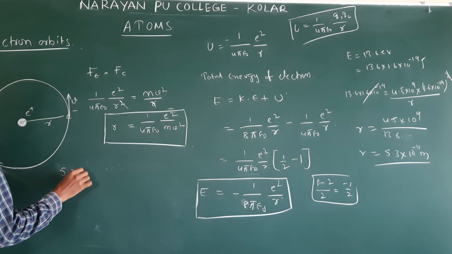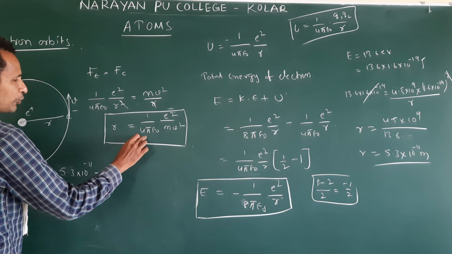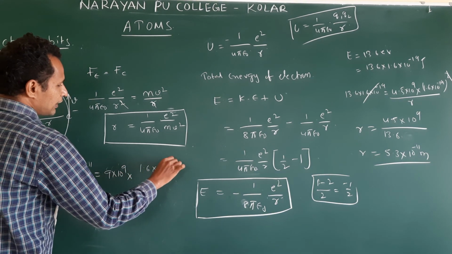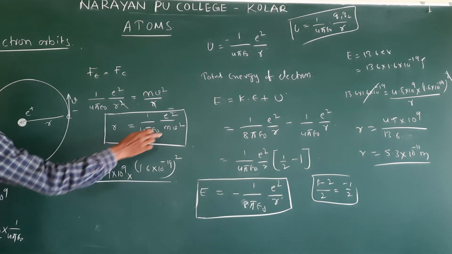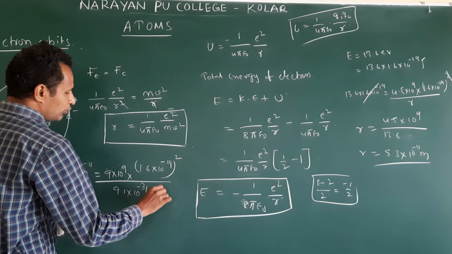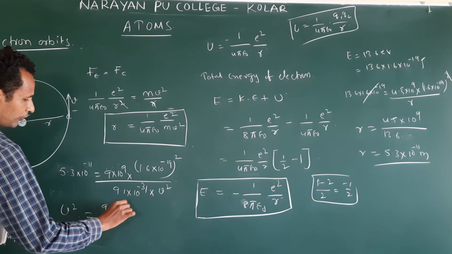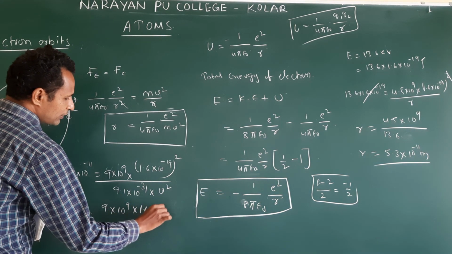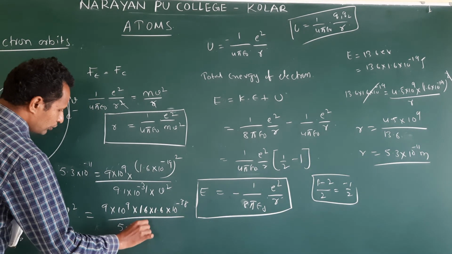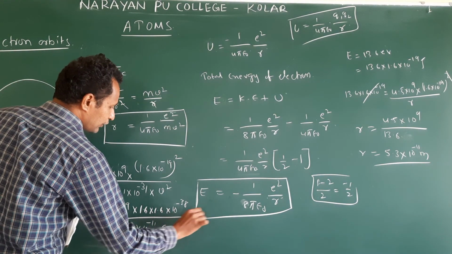So 5.3 into 10 power minus 11 is equal to 1 by 4 pi epsilon naught, 9 into 10 power 9, 1.6 into 10 power minus 19 whole square by the mass of the electron, 9.1 into 10 power minus 31, into V square. Make V square the subject. Then 9 into 10 power 9 into 1.6 into 1.6 into 10 power minus 38 by 5.3 into 10 power minus 11 into 9.1 into 10 power minus 31.